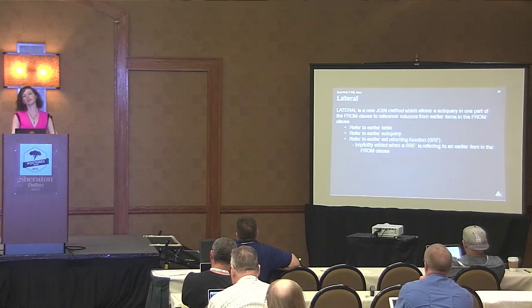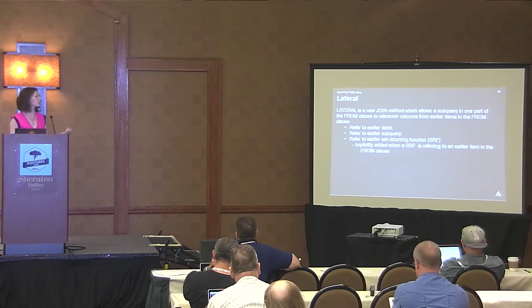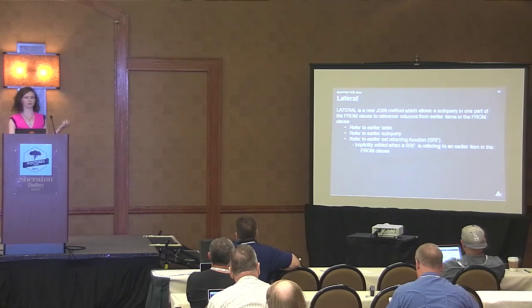So essentially what it allows you to do is, within a subquery in one part of the from clause, reference the columns of earlier items within your from clause. So it's similar in concept to a correlated subquery. You're allowed to refer to an earlier table, earlier subquery, or a set returning function that was earlier somewhere within your from clause.